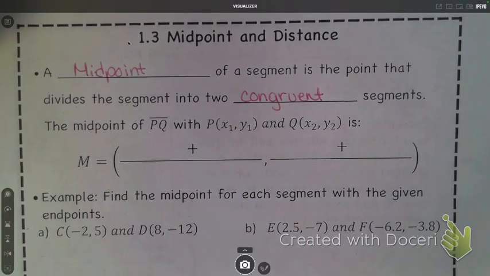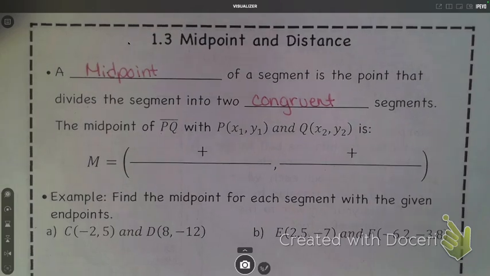Remember, objects are congruent, measurements are equal. So when I'm talking about just a segment, I'm going to use the word congruent. You guys will write the word congruent 1,000,000 times this year.